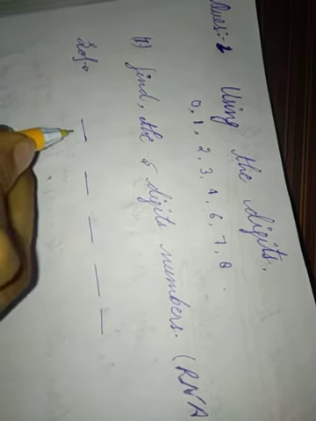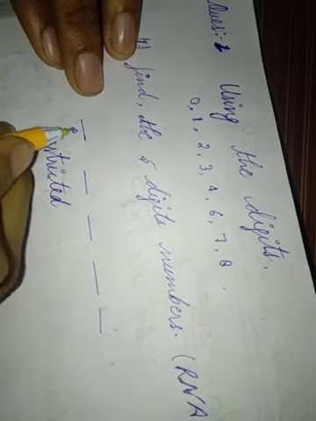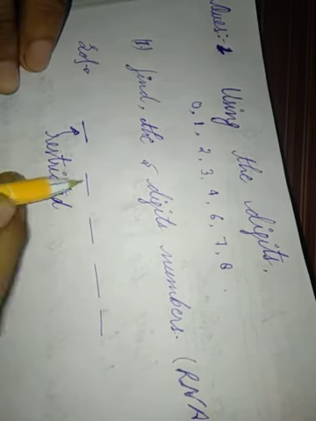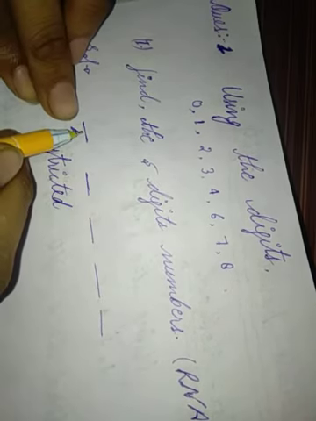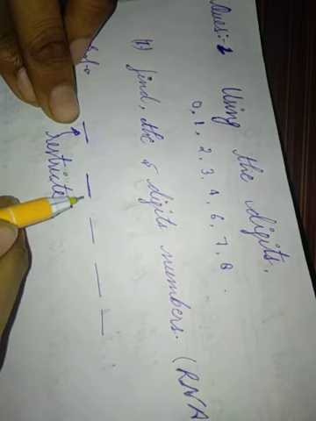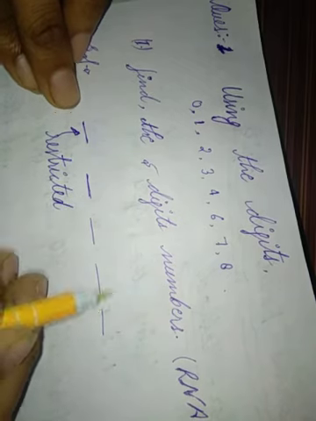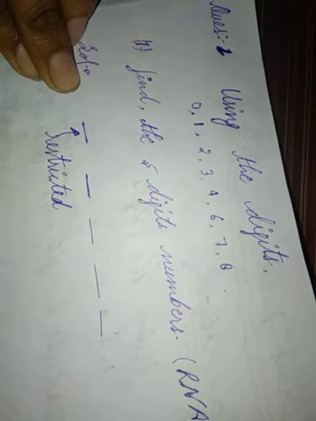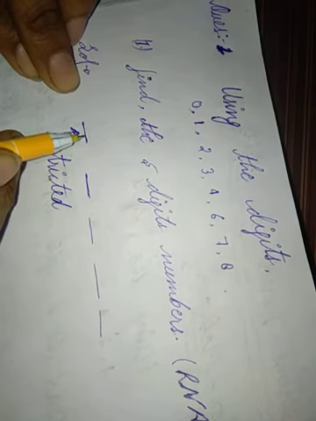In this case, the first place is restricted, because we don't put 0 in the first place. If we put 0 in the first place then it comes out as a 4-digit number, and in the given question we have to find 5-digit numbers. That's why this box is restricted, and in the first box we don't put 0.